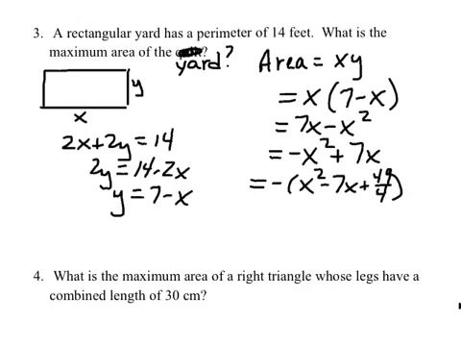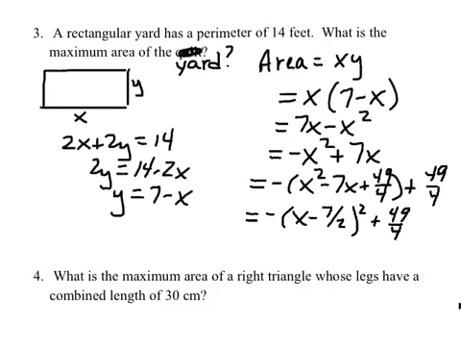So to balance it, I'm going to add a positive 49/4. Factor: negative x minus 7/2 squared plus 49/4. So my vertex is 7/2, comma 49/4, which is also 12 1/4, something like that.